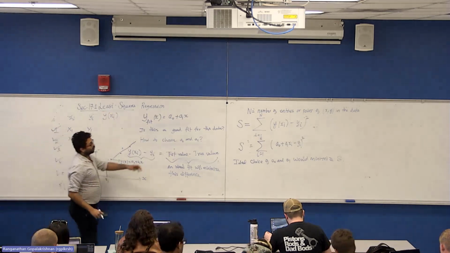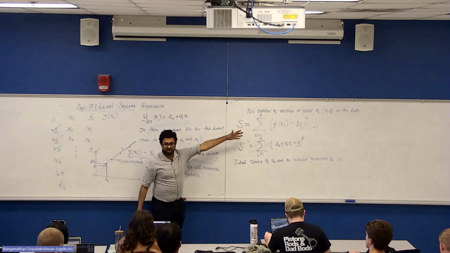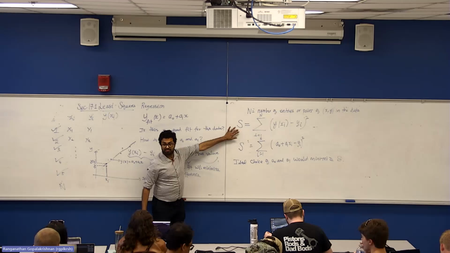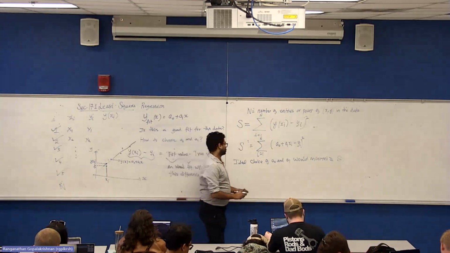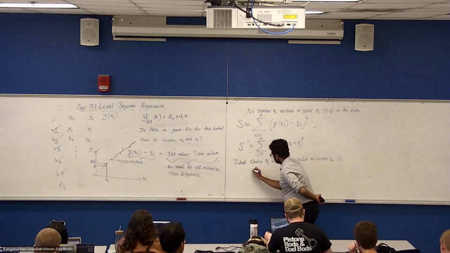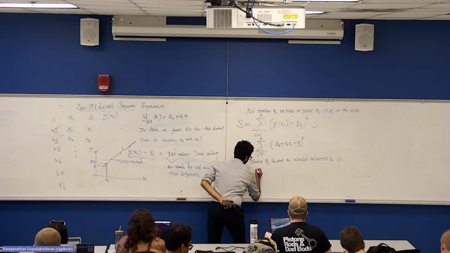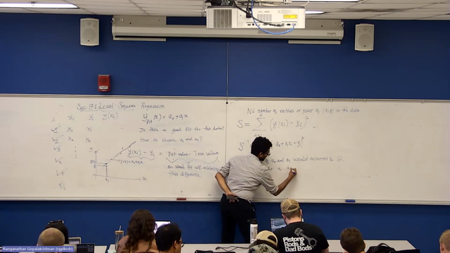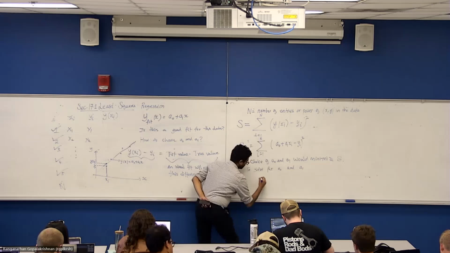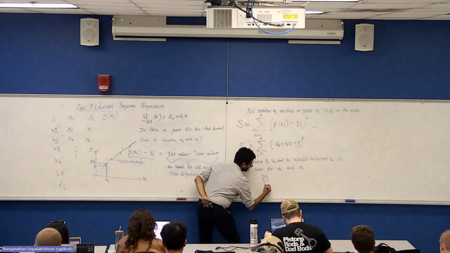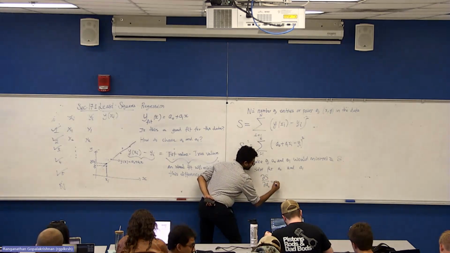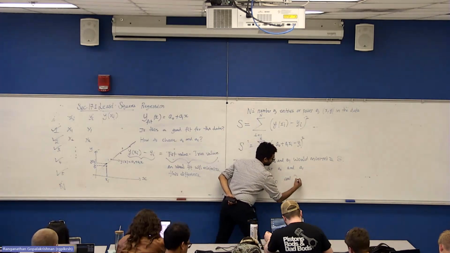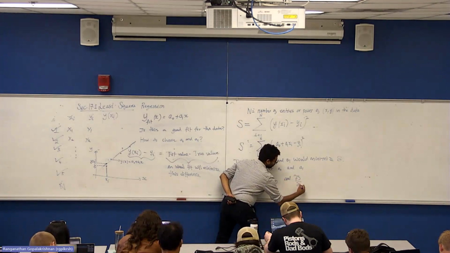So you take the squares and you take its least value, or the values of the fit constants which will minimize S. Okay, so then to solve for a naught and a1, generate two equations, one by making it minimum with respect to a naught, and the second to make it minimum with respect to a1.